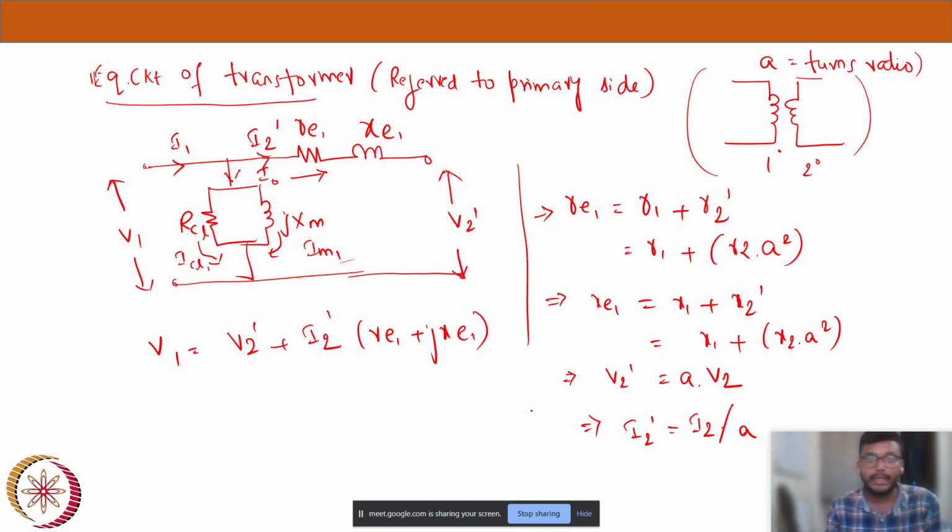Yeah, so this is the equivalent circuit of the transformer referred to primary. So we have referred the secondary resistances R2 and X2 to the primary. On the primary side, we already have the core loss branch and its own primary resistance and reactance, that is R1 and X1. So this is the equivalent circuit of the transformer referred to the primary.